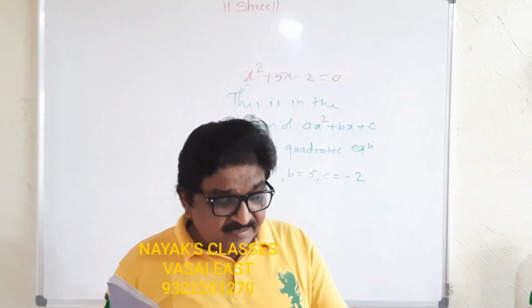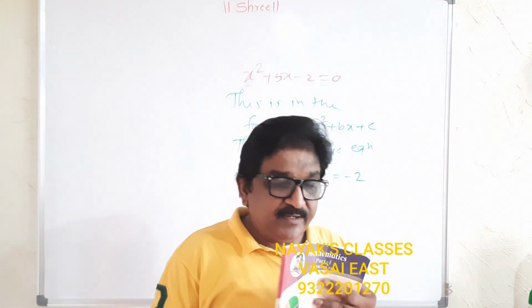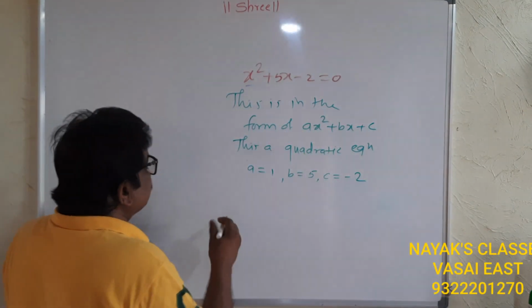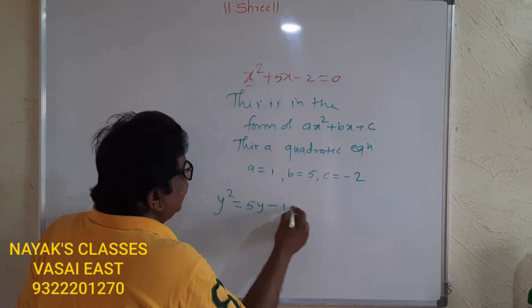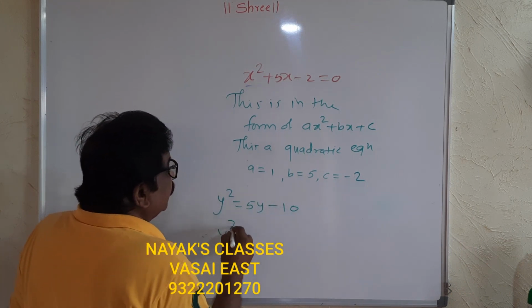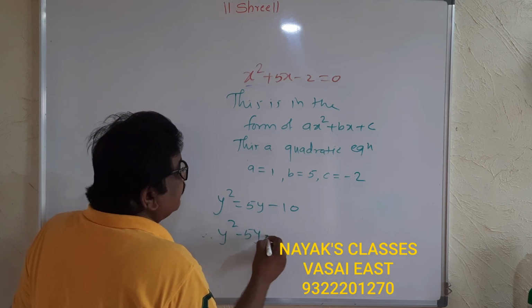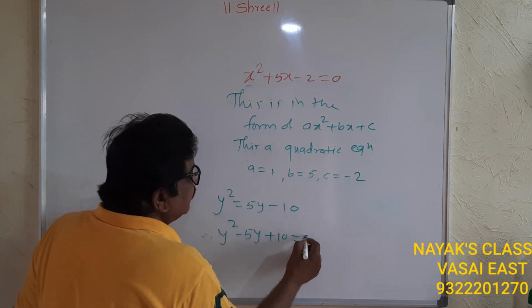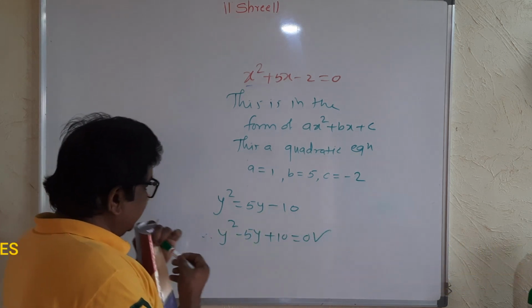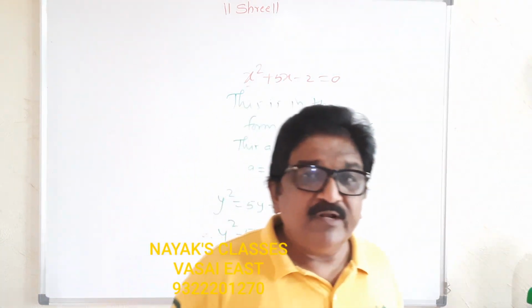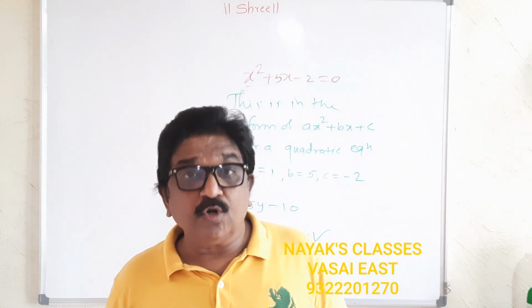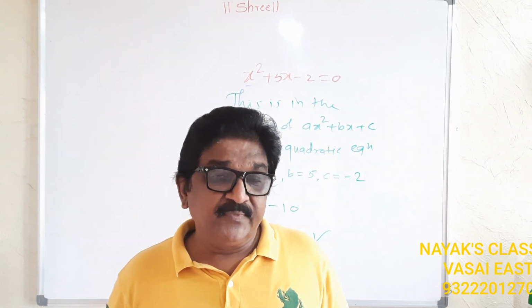Second one is y square is equal to 5y minus 10. Therefore, y square minus 5y plus 10 is equal to 0. This is a quadratic equation. Now let us see which are not quadratic equations.